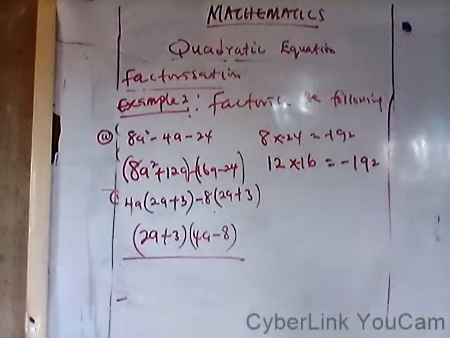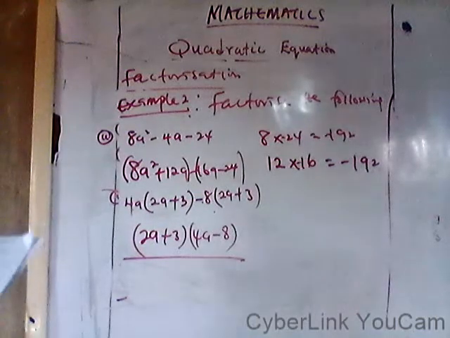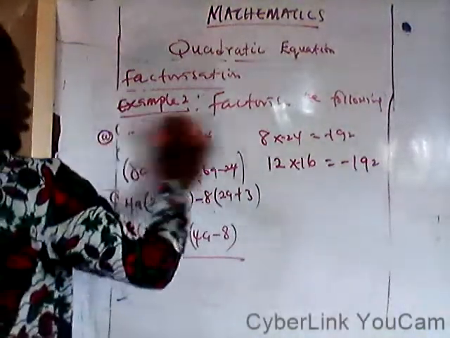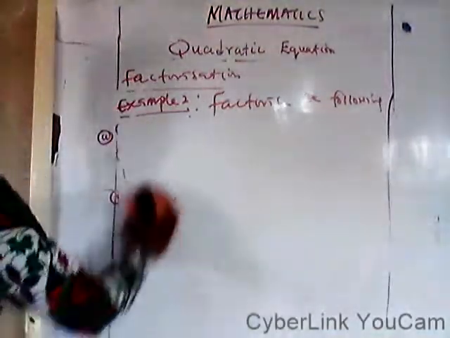So we're still going to take some other examples. So we go to example 3, and that will be the last example for today. Here you have to factorize the following as well.